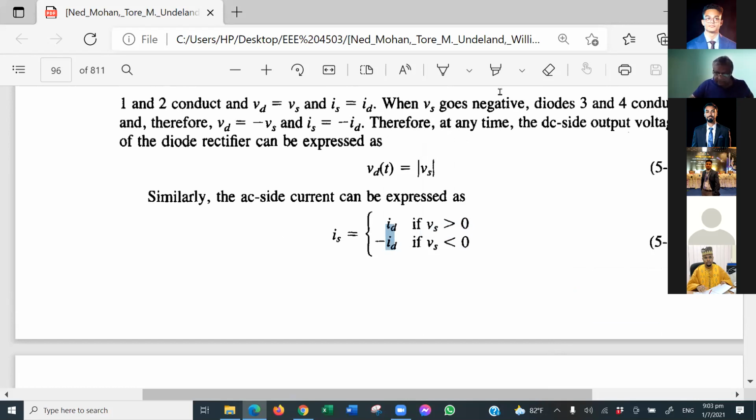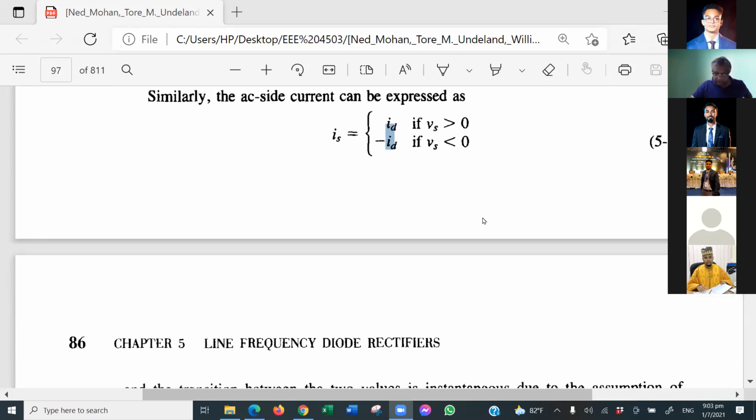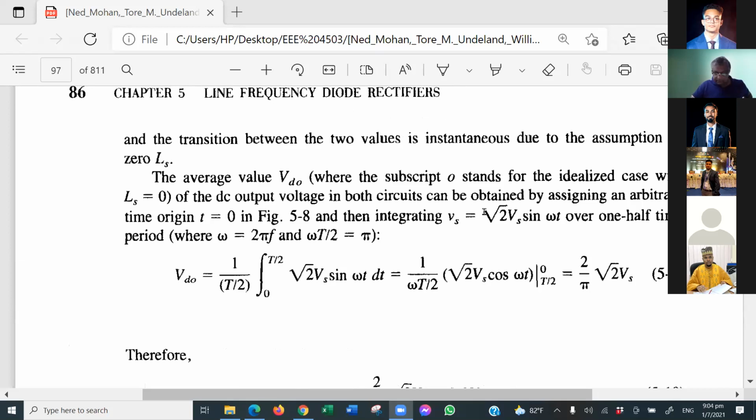Let us move further, because I'm just following the book. Since the wave shape of the output voltage will be the same as the resistive case, they have integrated it, and finally they get 0.9.